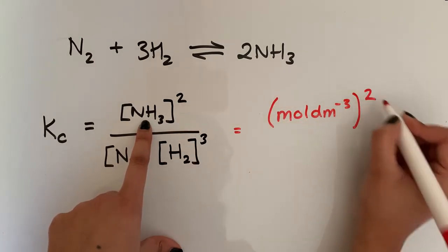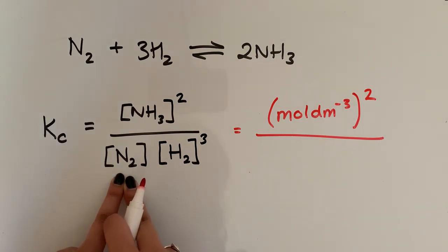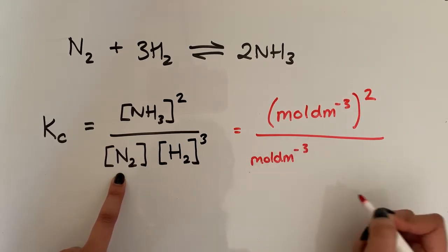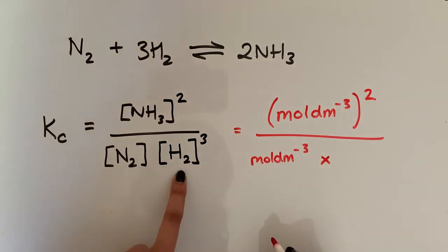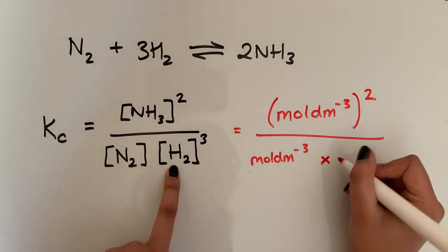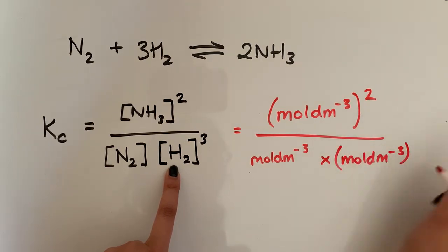And it is divided by the concentration of nitrogen, so again, that's moles per decimeter cubed, and multiplying that by the concentration of hydrogen raised to the power of 3. So this is now moles dm minus 3 raised to the power of 3.